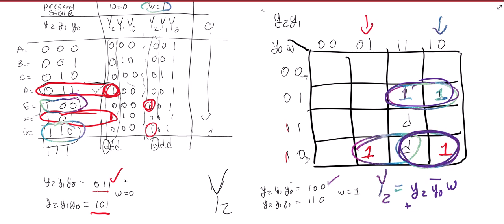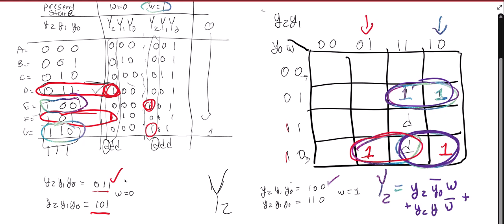This group has Y2 equal to 1, and Y0 equal to 1, and W equal to 0. And our last group right here has Y1 equal to 1, Y0 equal to 1, and W equal to 0.